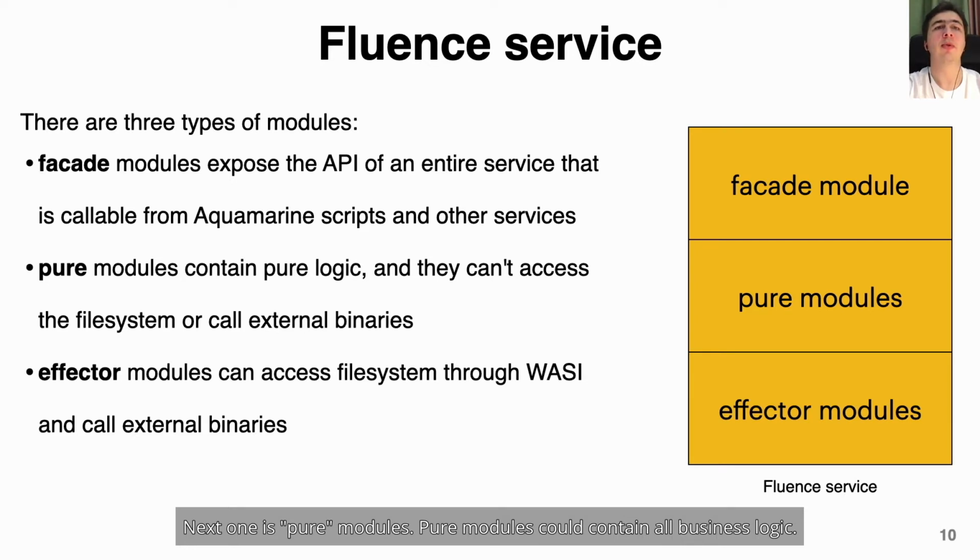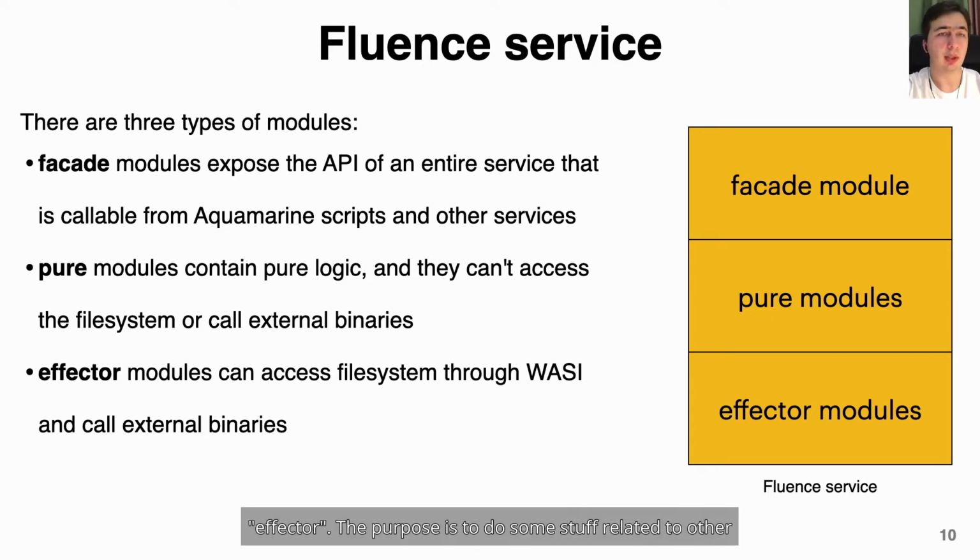Pure modules can contain all the business logic, and they can't access the file system or call external binaries. And the last one is called effectors, whose purpose is to do things related to the file system, other operating system services, or calling external binaries.